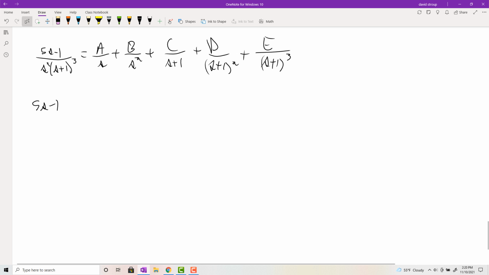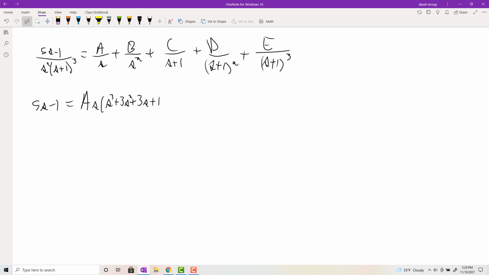Multiplying through, I'll have a times s plus 1 cubed, which is s cubed plus 3s squared plus 3s plus 1, plus b times s plus 1 cubed, which is s cubed plus 3s squared plus 3s plus 1. I mean, you literally have to FOIL it out.